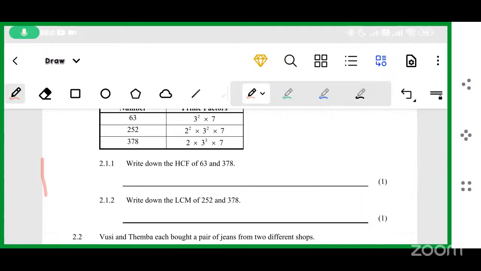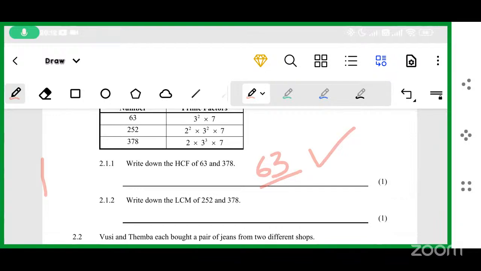63. Okay, so why do you say it's going to be 63? Because I took the common prime numbers out of all three numbers, and the prime factors are 3 to the power of 2 and 7. Okay, the answer is very correct.